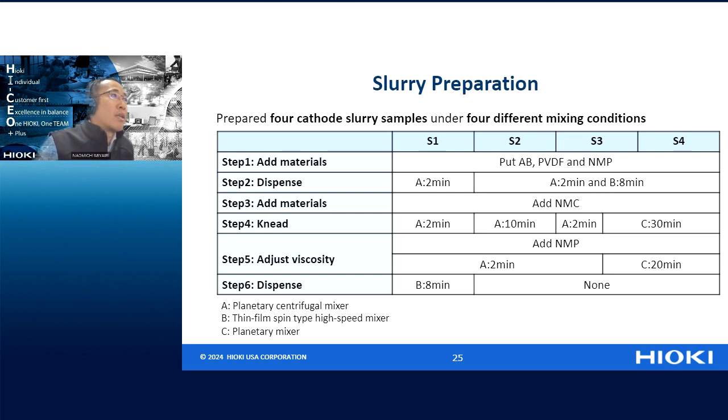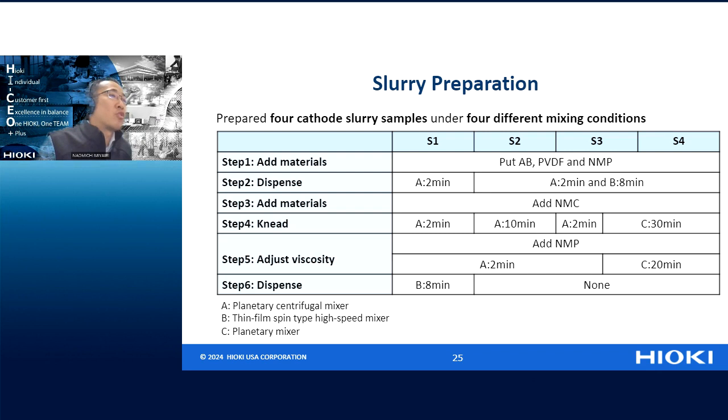We added these materials, ethylene black, PVDF, and NP, and we mixed those materials with different mixing techniques. A is a planetary centrifugal mixer. B is a thin film spin type high-speed mixer.